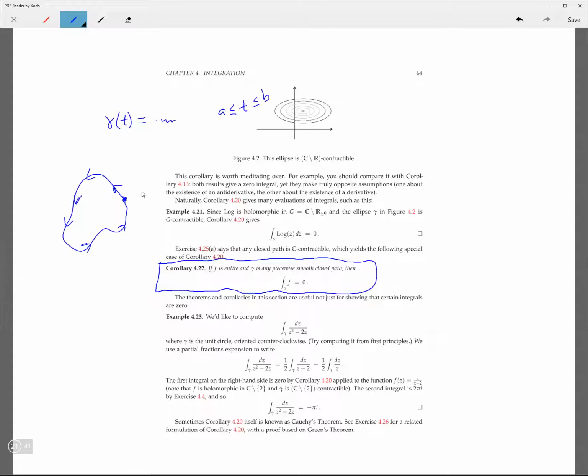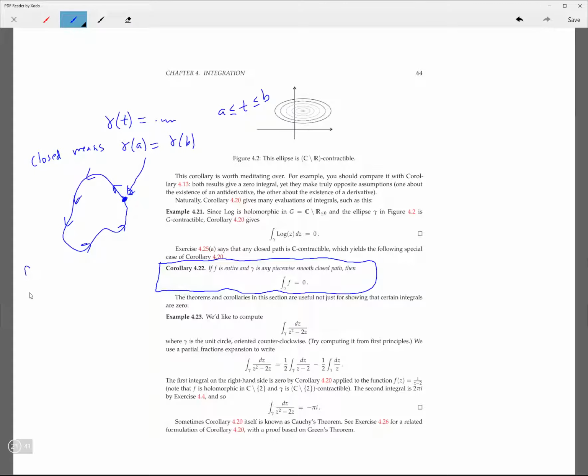And what's going to have to happen is you're going to have it closed. Closed means that gamma of a equals gamma of b. So that means that the starting point and ending point are the same. So as you go around here, you come back to the same spot.